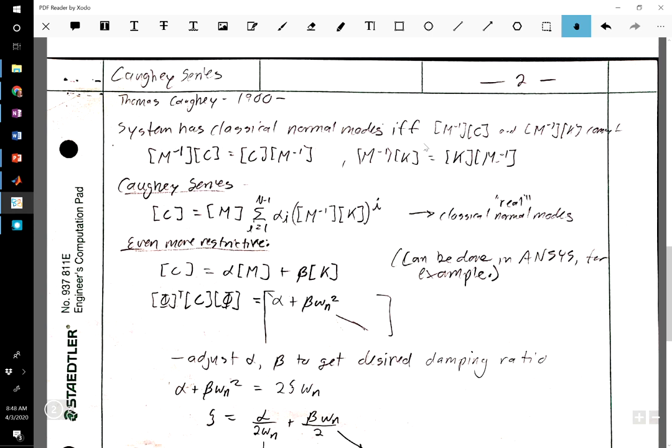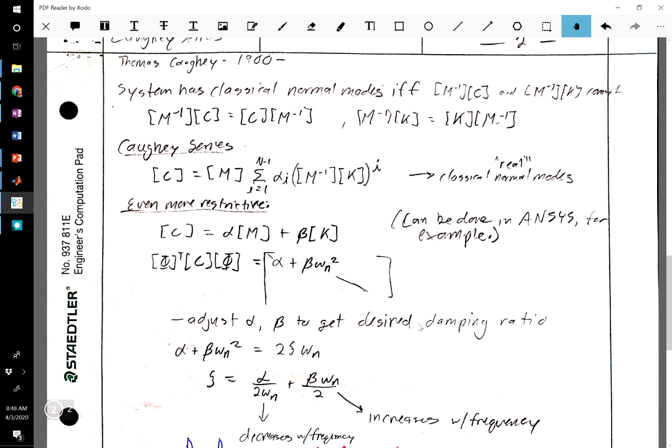The one that he's also credited with, I think, that you see a lot is this special case of these conditions, which is that the damping matrix is some constant alpha times the mass matrix plus some constant beta times the stiffness matrix.